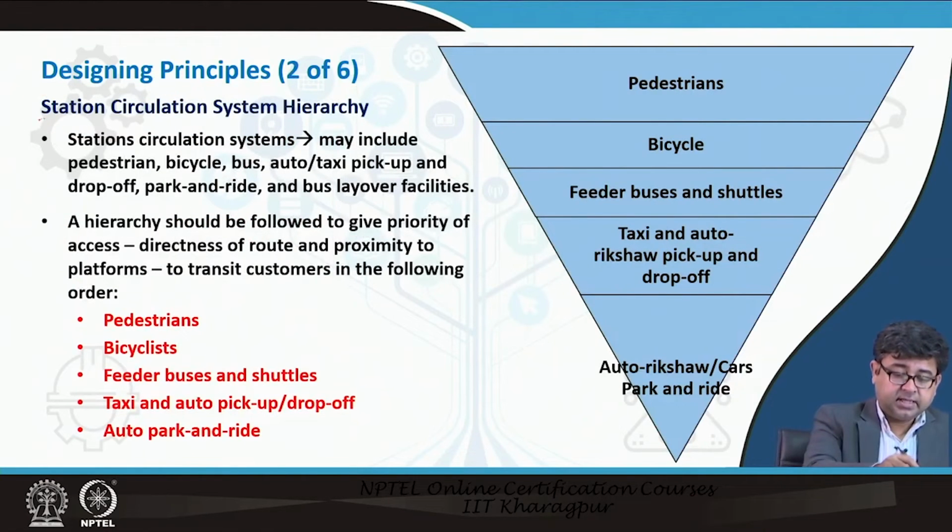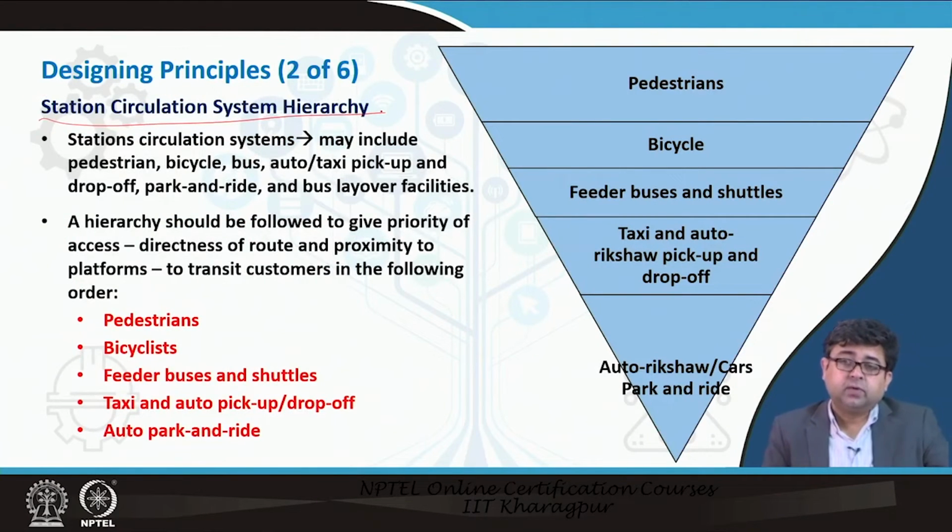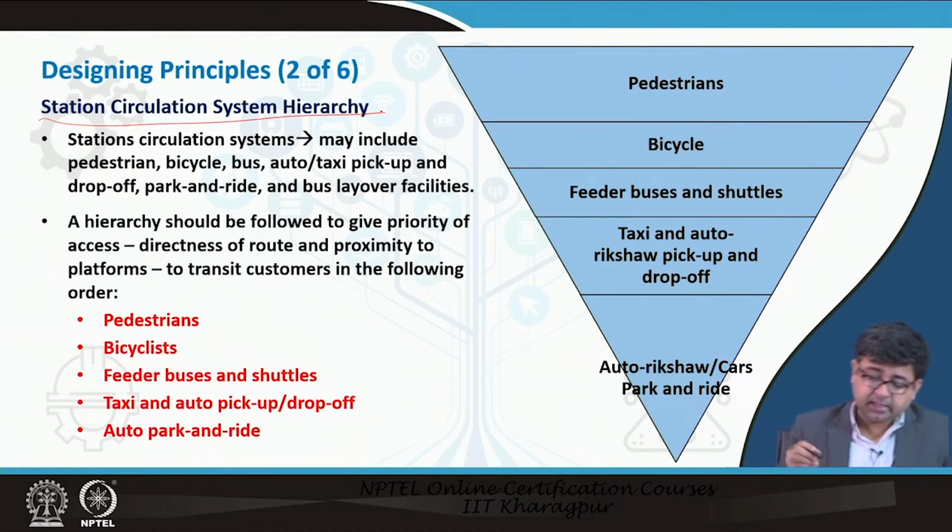The second is station circulation. So, once you have decided where you have to locate your station, then you have to design appropriately for the circulation within the station area. And the hierarchy of circulation is obviously that pedestrians come first, because people will be walking mostly within your station area.